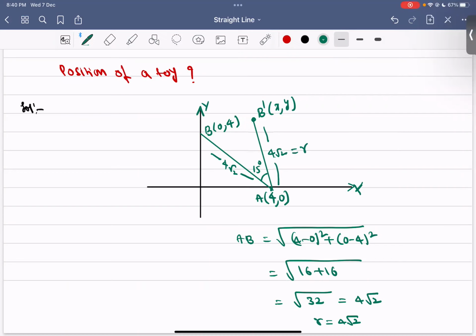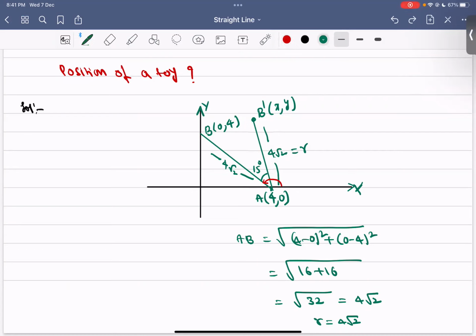Next, what is the slope of this line we need? First, we calculate the slope of the original line. But for our line, what is our requirement? This theta is our requirement.